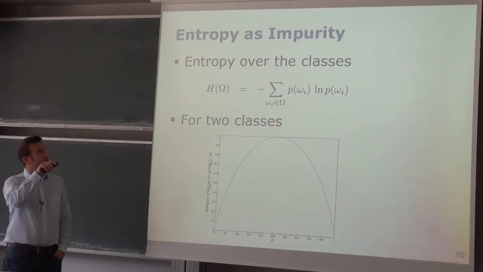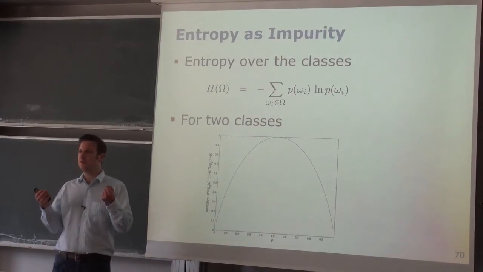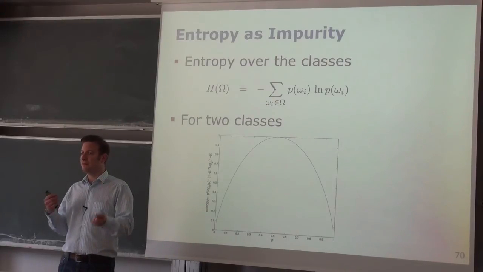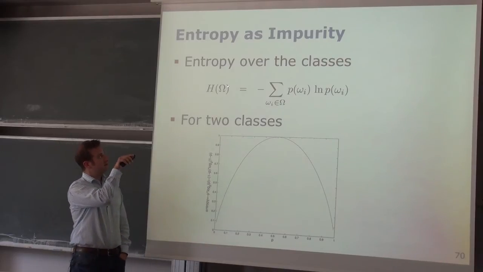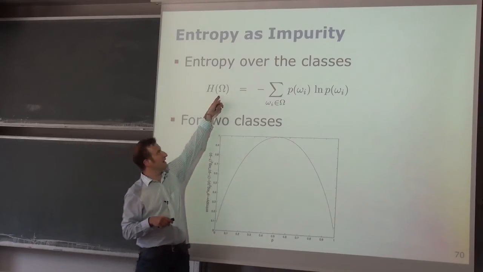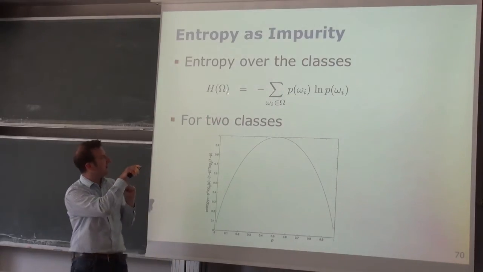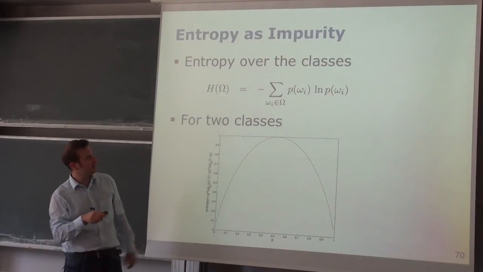If we have two classes, we can see this as a probability distribution over my two elements. So let's say the entropy of my class set. The notation is slightly suboptimal: these are the classes we have within one area, so it's not the whole number of classes.